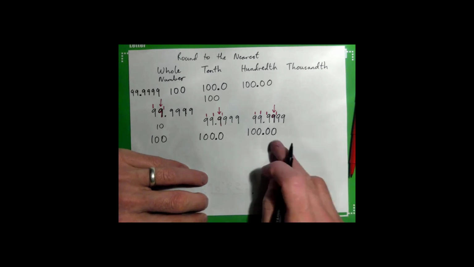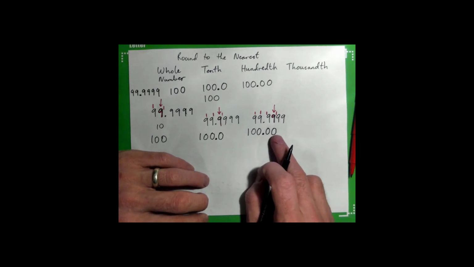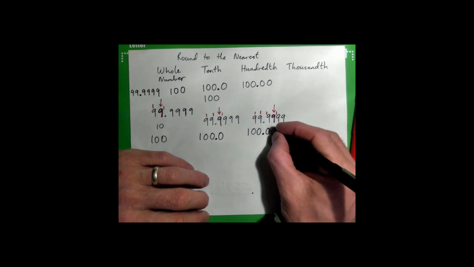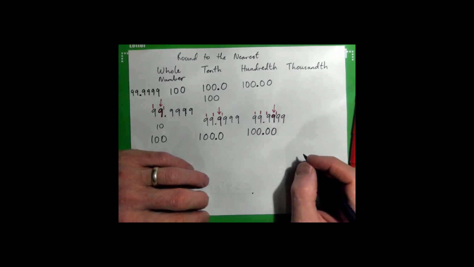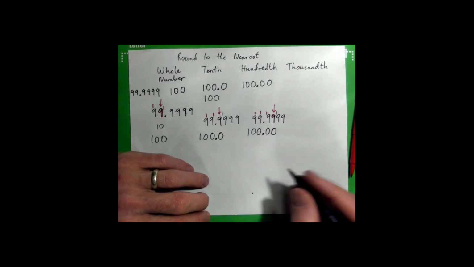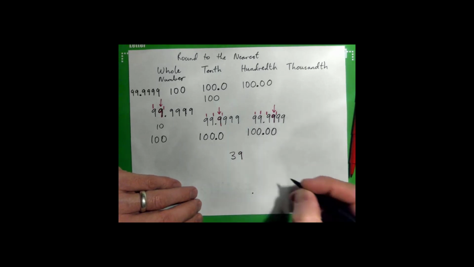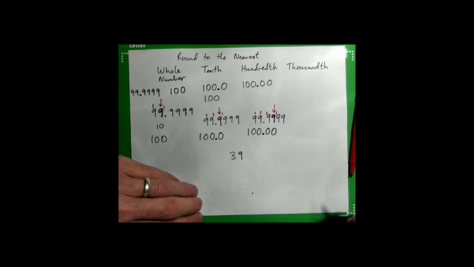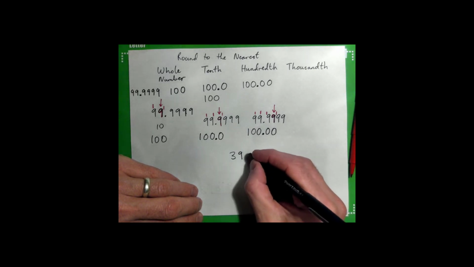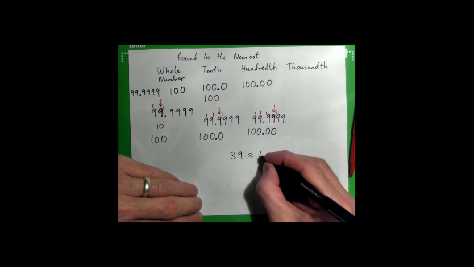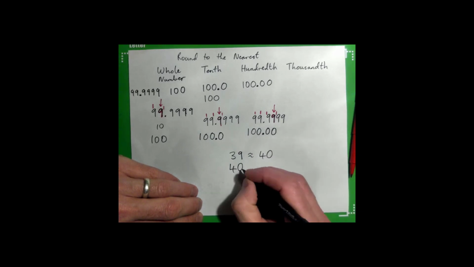Yeah, well, it turns into a 10, basically. And you put down 0 and add 1. Let me give you an easier one to see. Round 39 to the nearest 10. 39 is approximately what? 40. Did the 9 become a 0?